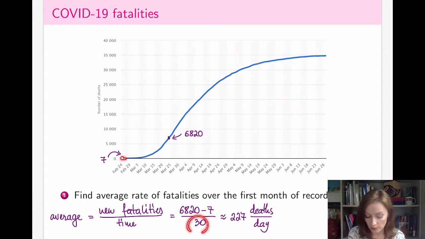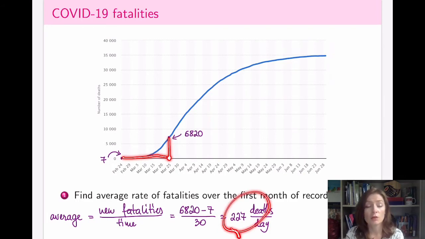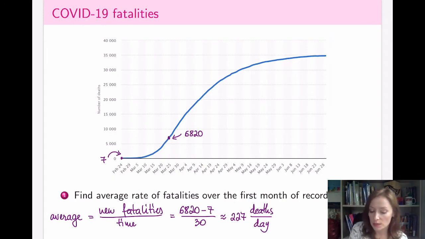And I divided by 30, which was, of course, the number of days in between those 2 points. So what I've actually done is compute rise over run, and I've come up with this number, 227. Now, rise over run always describes the slope of a line between the 2 points, which means that 227 corresponds to the slope of the line connecting these 2 points together. It is approximately 227. Okay?